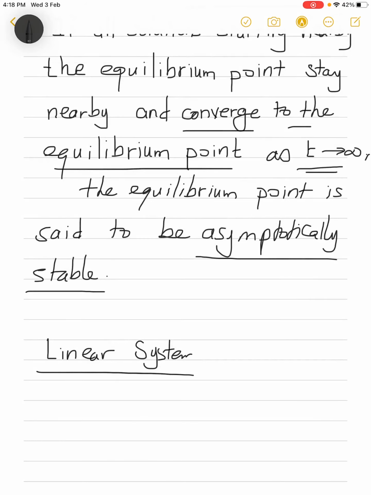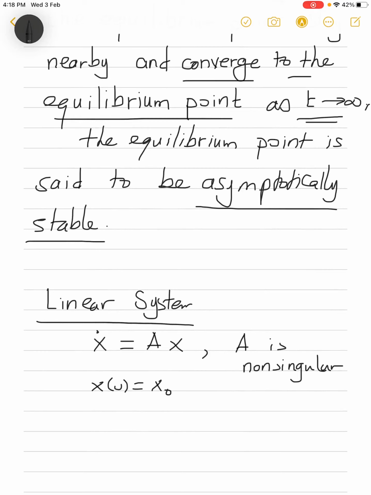Let the system be given by the state space equations x dot equals Ax, where A is non-singular, and with some initial condition x naught. Now we know that the only equilibrium point that we have for this system would be at the origin. So the equilibrium would be just the point 0 and 0 for a second order system.